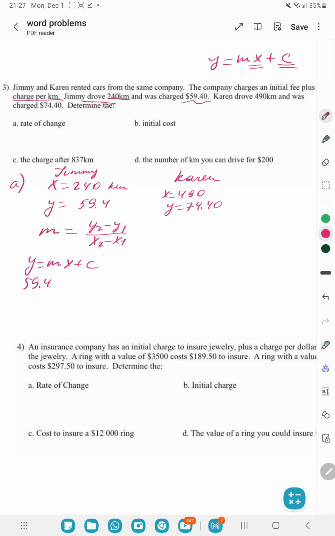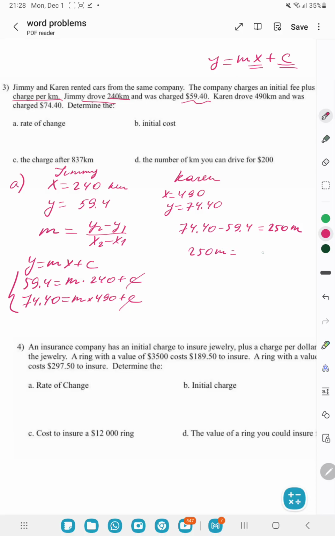So 59.4 equals m times 240 plus c, and for Karen, 74.40, it's our y, equals m times 490 plus c. All right, if you subtract, we see that 74.40 minus 59.4 equals 250 m. Let's calculate: 14 minus 9 is 5, and 6 minus 1 is 15.